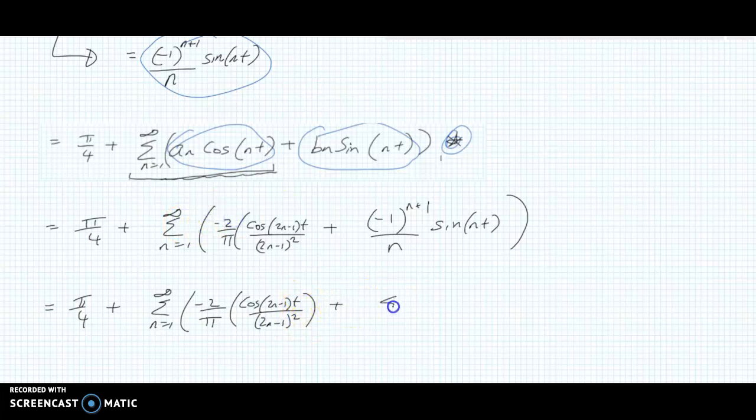I should have left them separate. In the question, they shuffle these around. This is multiplied, so we can have the sin nt first. The order isn't important. We can slide the n under that, and then the whole thing is multiplied by minus 1 to the power of n plus 1. That just controls the sign, the polarity, the minus or plus 1 aspect of it.